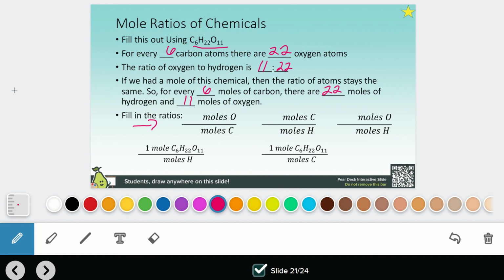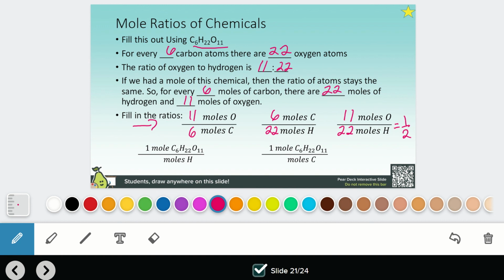Oxygen would be 11, carbon would be 6, so that's an 11 to 6 ratio. Carbon is 6 and hydrogen is 22, so it's a 6 to 22 ratio. And oxygen is 11, hydrogen is 22, so that's an 11 to 22 ratio. Some of these you could also reduce, like we could reduce this to a 1 to 2 ratio. That's fine as well.